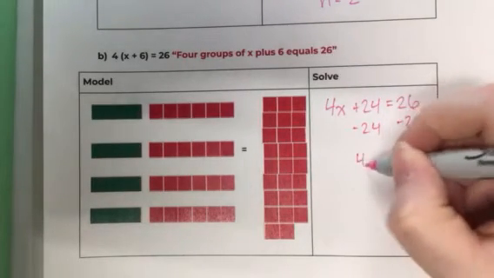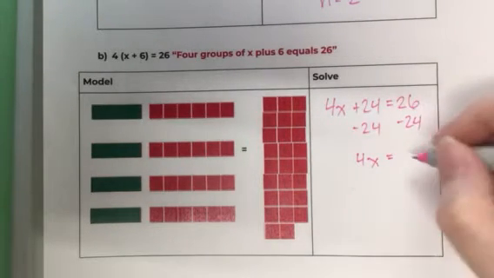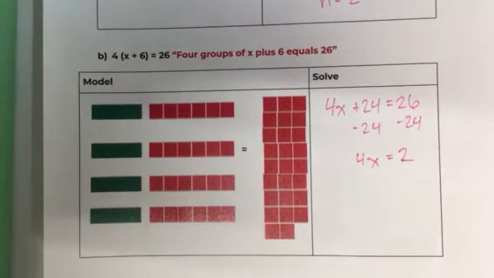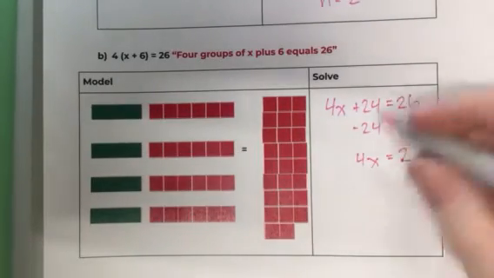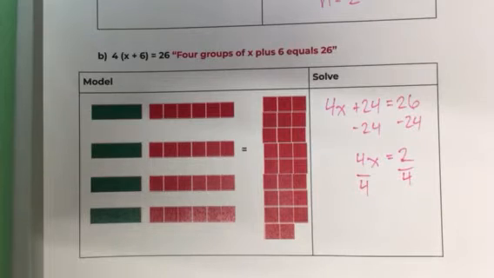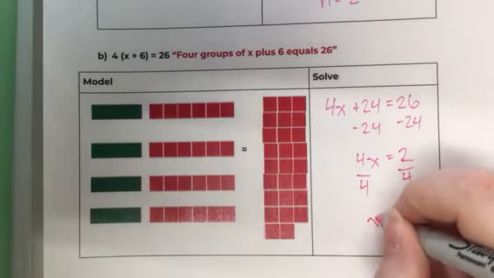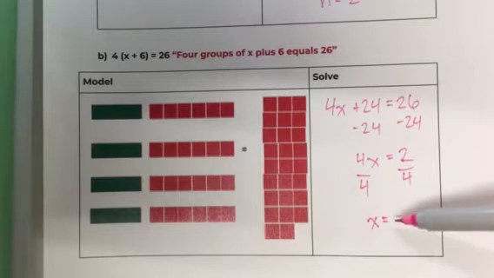What I'd be left with is just the 4 x's, and I would be left with 2 red tiles. Then I would split my x's into 4 equal groups, subdivision, and I'd do that to my 2 tiles also. You'll end up seeing that your x is going to be equivalent to half of one of those red tiles.